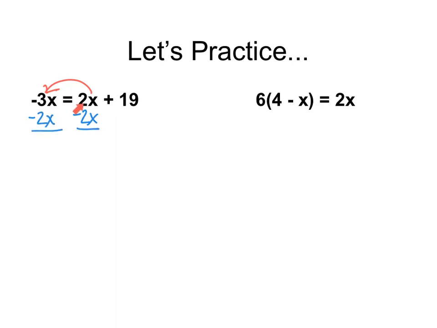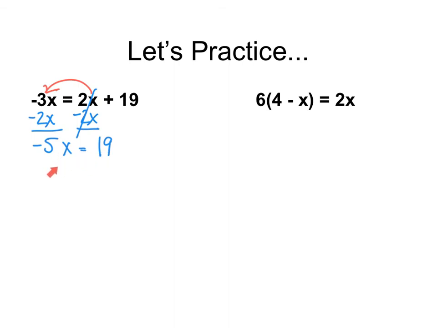So positive 2x plus negative 2x, these will cancel out. And then a negative 3x plus a negative 2x would leave me with a negative 5x equal to 19. Because nothing happened to this 19 yet, it was just still on that side of the equation.